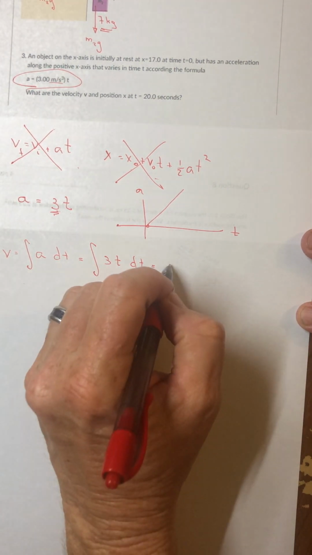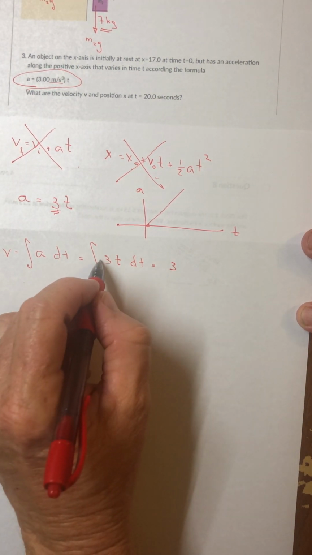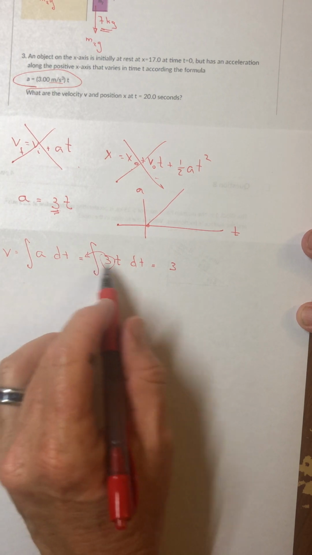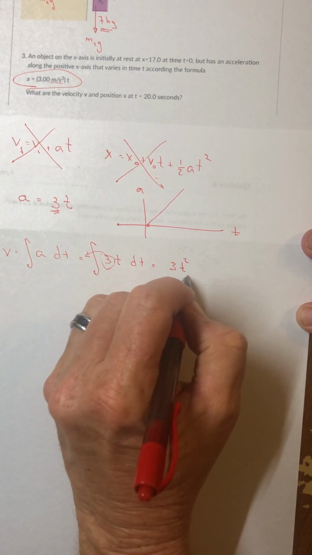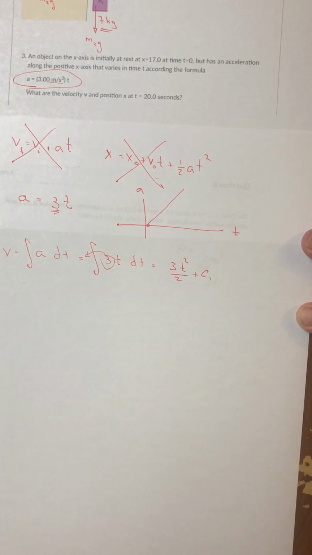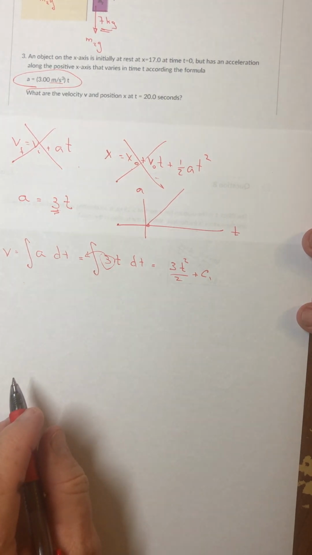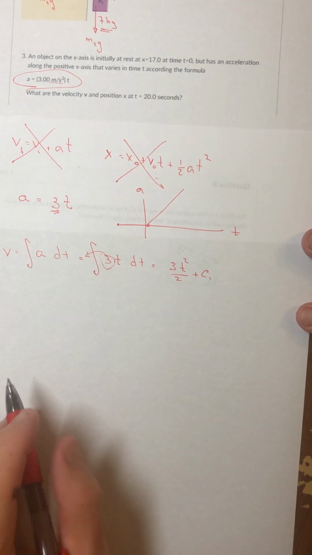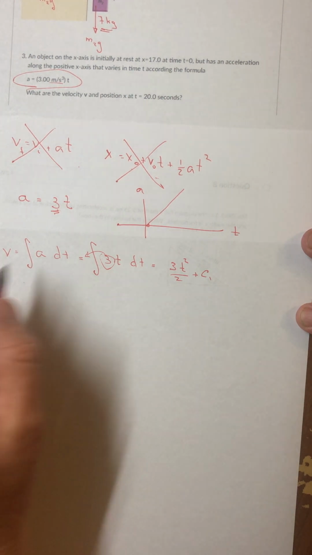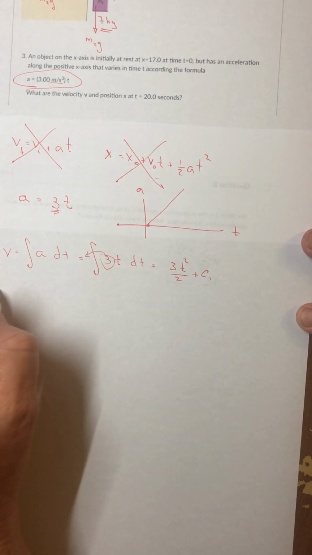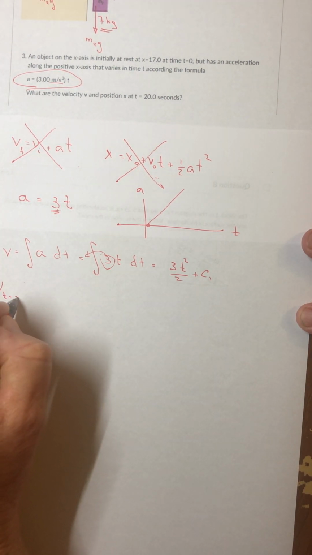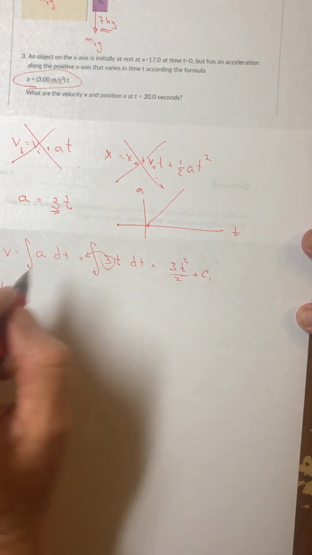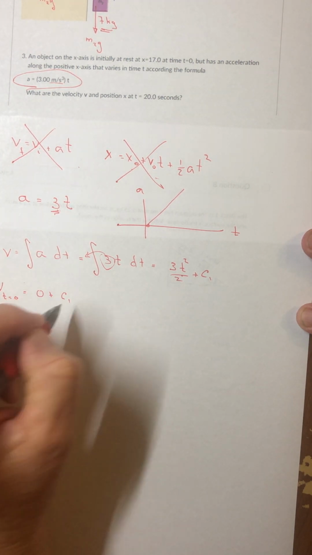So when we do that, we can pull the 3 out in front of the integral sign, and then we get t squared over 2, and let's not forget plus a constant. And studying this well, we'll see that if you put in time equals 0, so I'd say velocity at time equals 0, this first term would be 0, and you would just get c1.